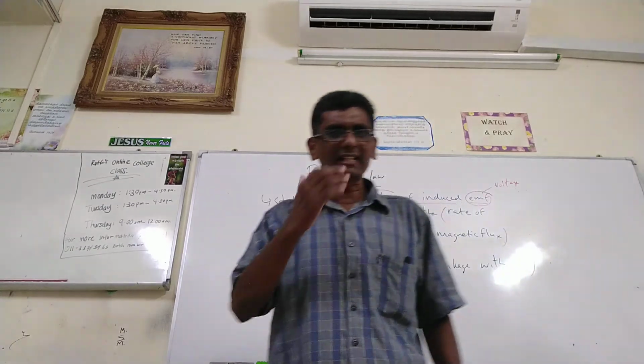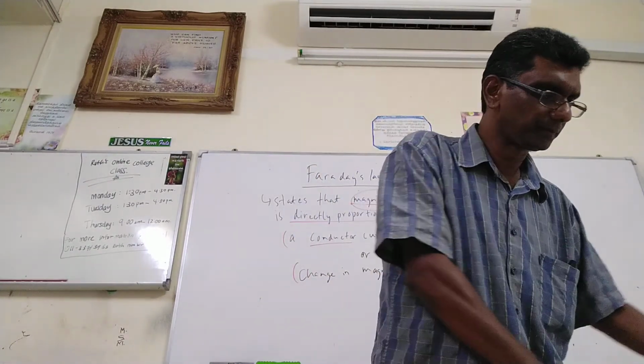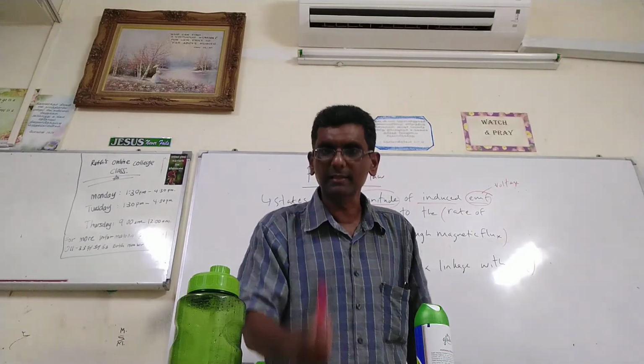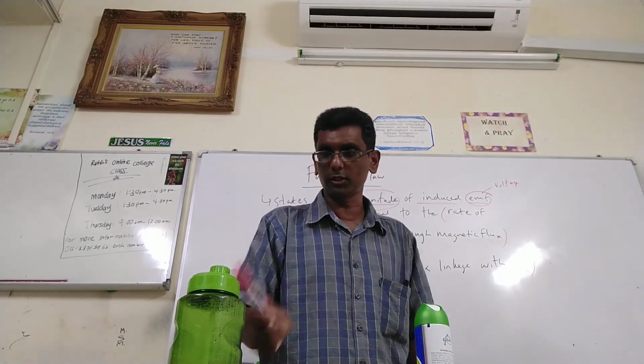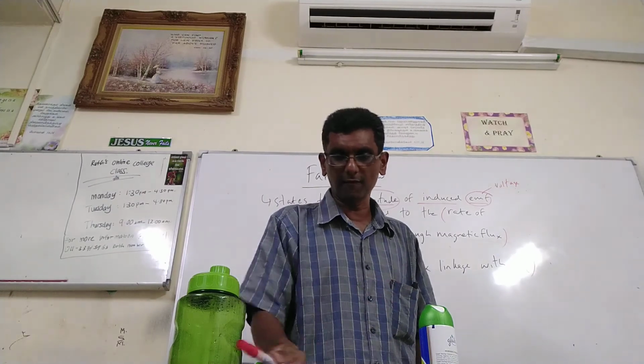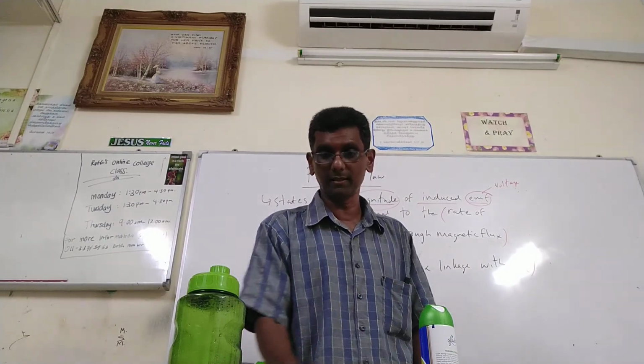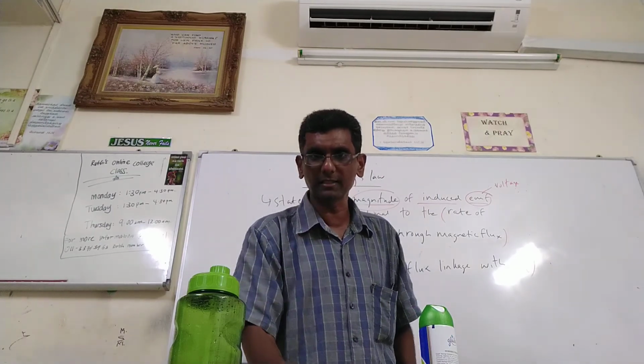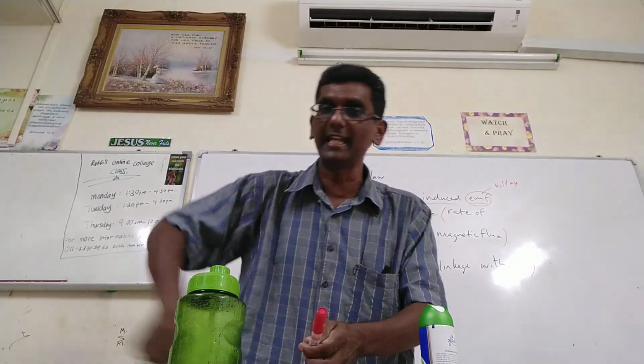So, you cut the magnetic flux, the magnetic field lines between the north and south pole. You cut through with the conductor and produce induced current.